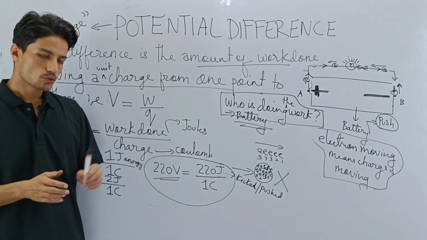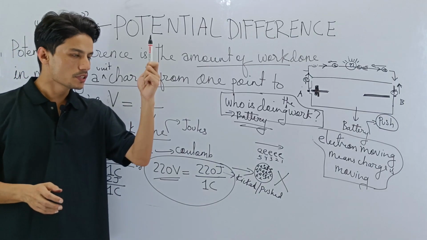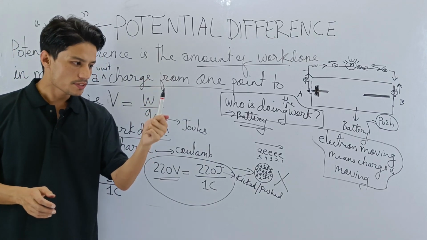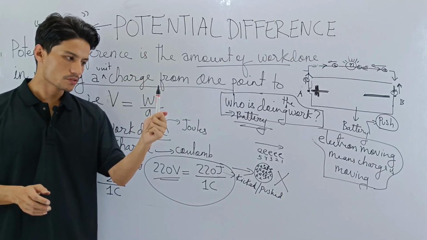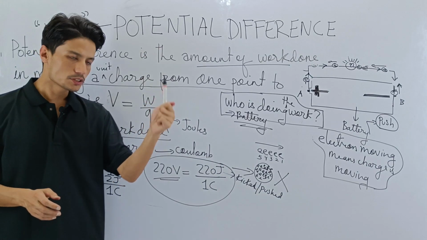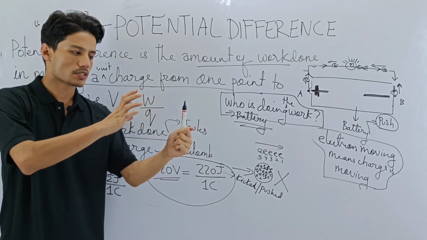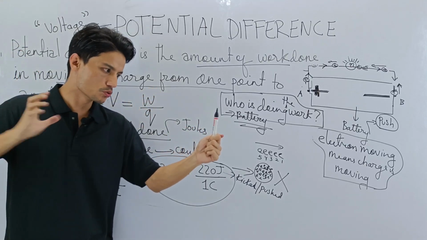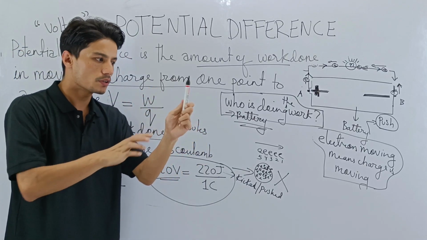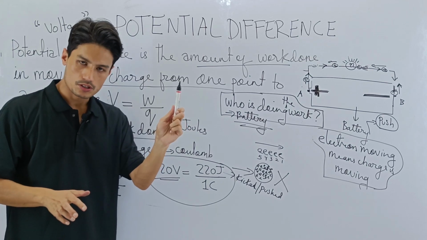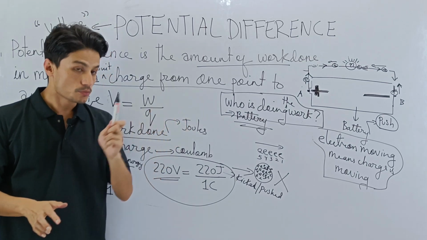Then we're discussing 220 volt. 220 volts means what? The unit charge is the same, because every time it will be 1 unit charge only. So 220 volt means this unit charge will be pushed with 220 joules. Just imagine the amount of energy used to push this unit charge. So what will happen to it? Will it travel slow or super fast? It will travel super fast.